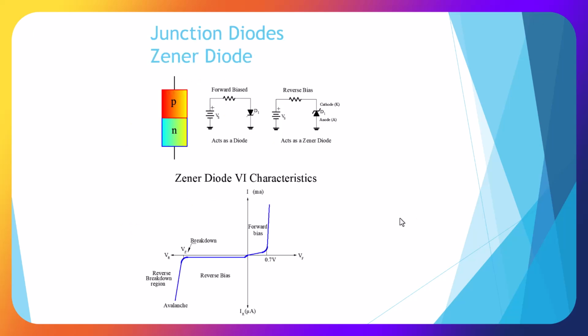Here's a junction diode called a Zener diode, and it's very similar to a standard diode, but with different doping. When it is forward biased, it acts like a diode, so it's going to be like 0.7 volts or something in that neighborhood. When it's reverse biased, it will act as a Zener diode, so whatever voltage that diode is designed for, it will conduct at that.